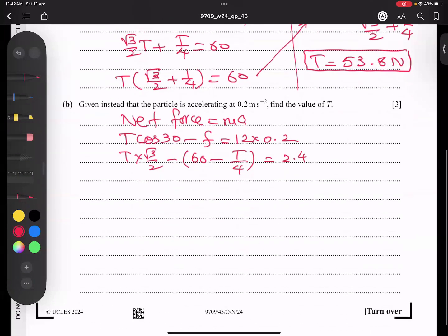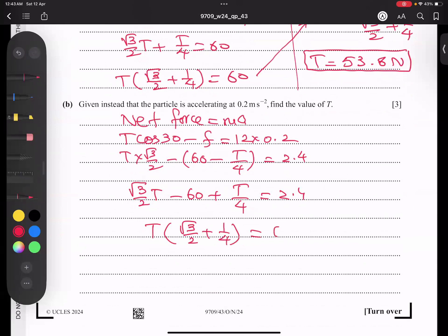Now open the bracket, so root 3 by 2 times T, and negative 60 plus T over 4 is equal to 2.4. This 60 will go to the other end, and T common out, and I get root 3 by 2 plus 1 over 4 equals 62.4. When it divides, it will look like this format.